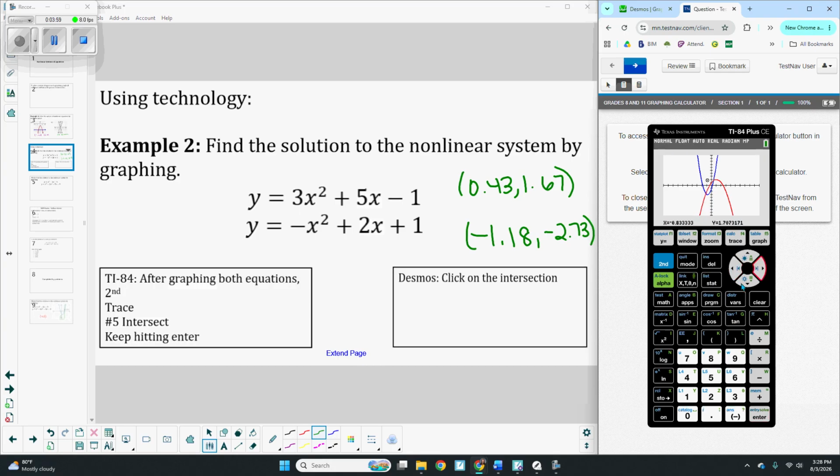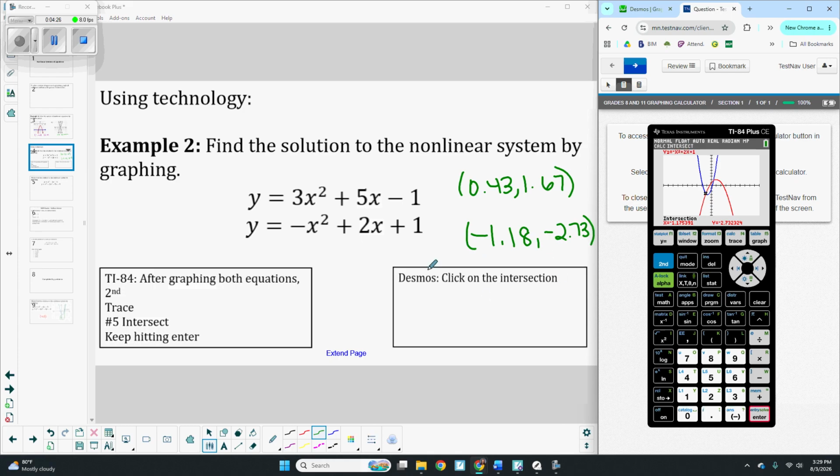Actually, I'm not entirely sure how we get to the other one. We have to, let's see. Second trace, intersect. I'm going to go to the other side of it. Okay, so we're going to select there. Okay, there's our other intersection, (-1.18, -2.73).